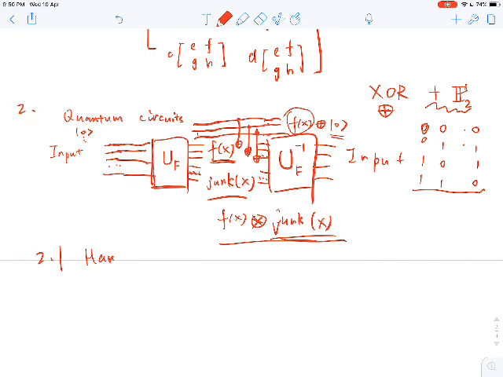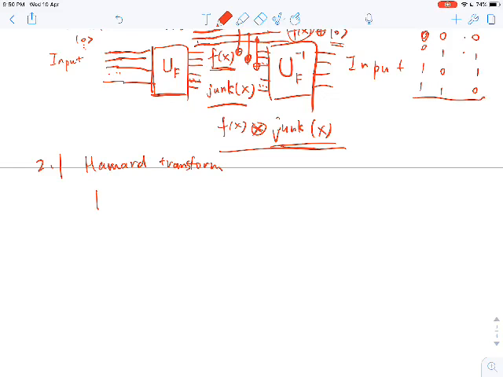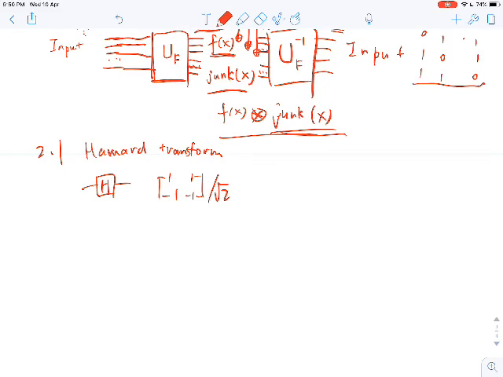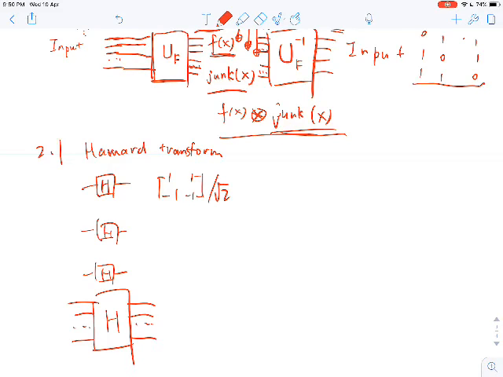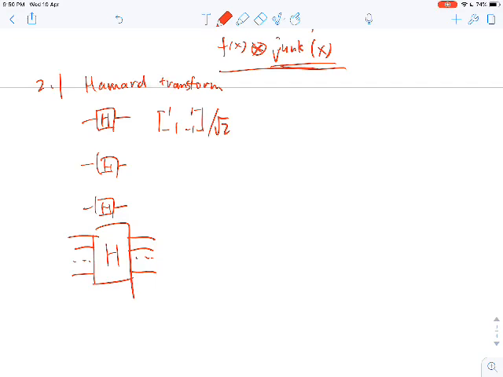First, let's talk about the Hadamard transform. As I said, the Hadamard gate is like 1, 1, 1, minus 1 over square root of 2. And if I have many Hadamard gates here to form a whole Hadamard gate, then what's the product of this Hadamard transform gate?